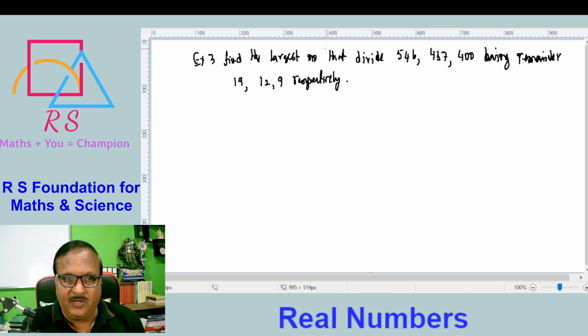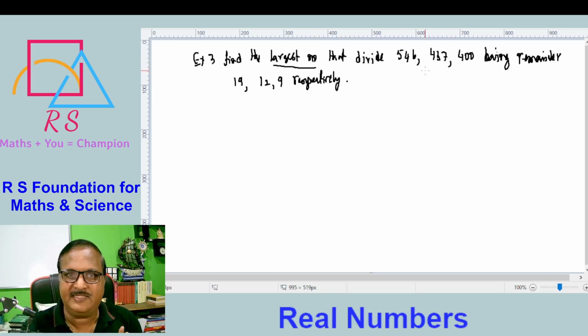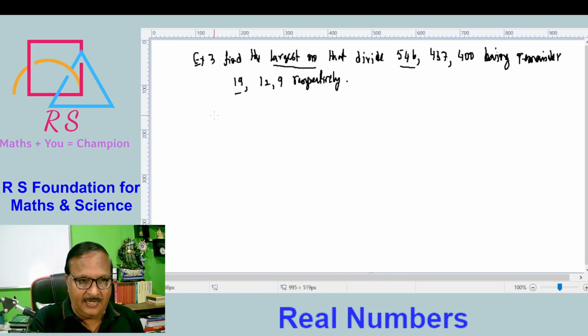Largest number means you have to find the HCF. If you divide these numbers with the HCF, the remainder should be 0. But here, unfortunately, remainders have come. So let us make the numbers divisible by HCF.